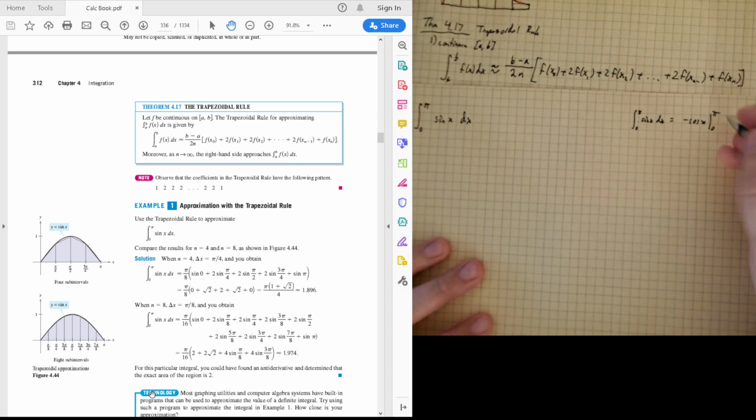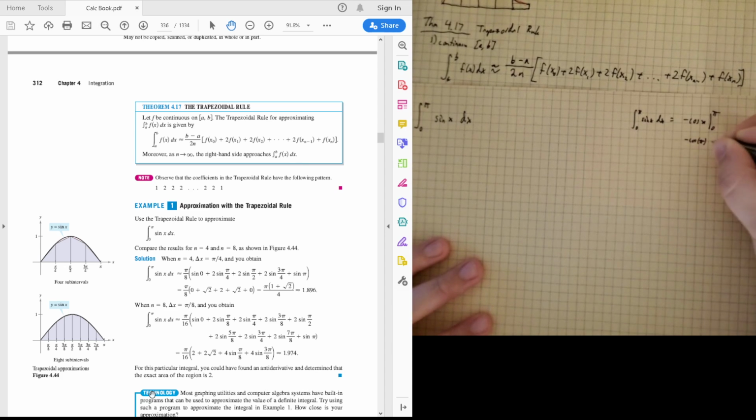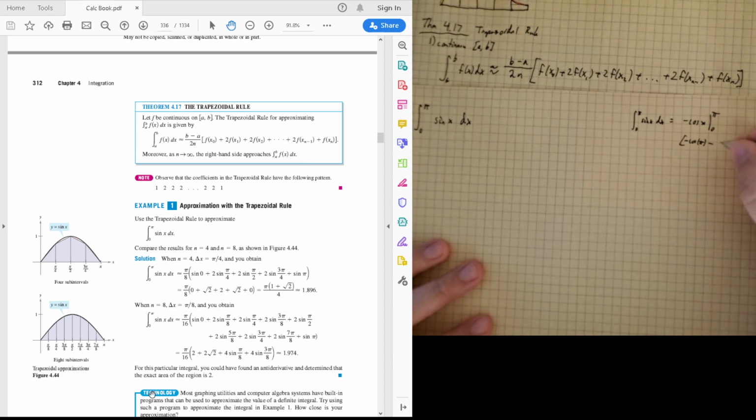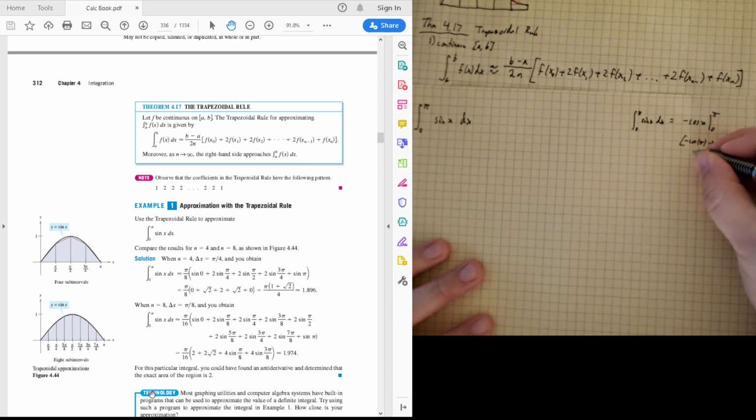Negative cosine of pi becomes negative negative 1, which becomes 1.